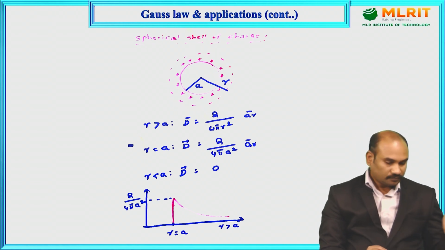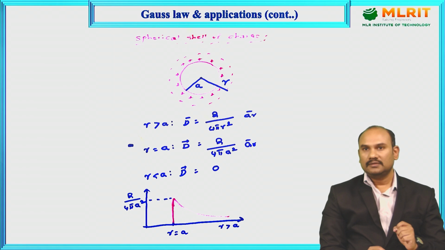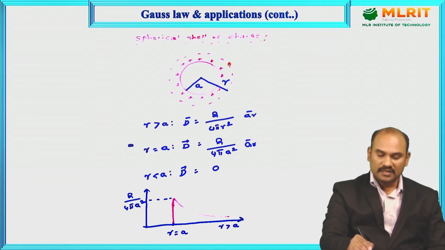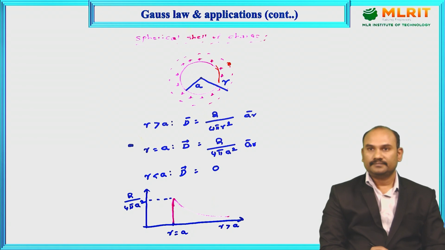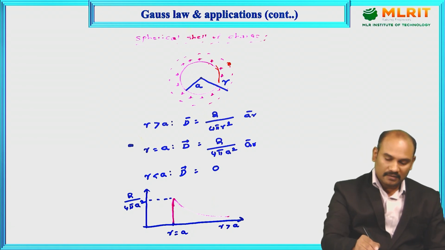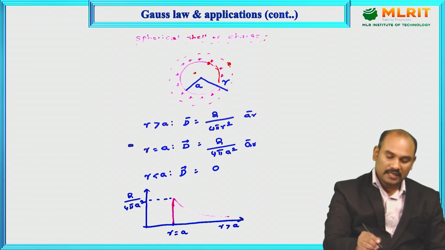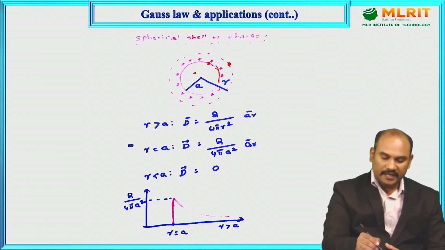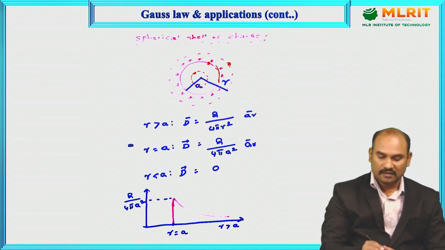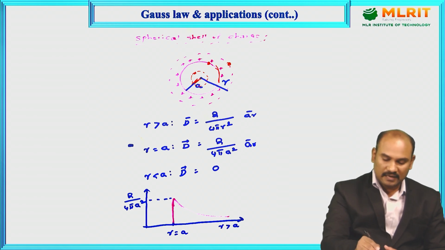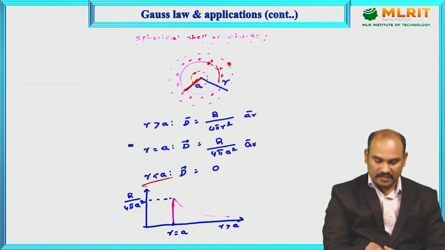Now, take a point P outside the physical sphere, take a point P on the physical sphere, and take a point P inside the physical sphere. If you take a point P inside the physical sphere, then you get a small imaginary sphere whose radius is less than the physical radius. That is called r less than a.